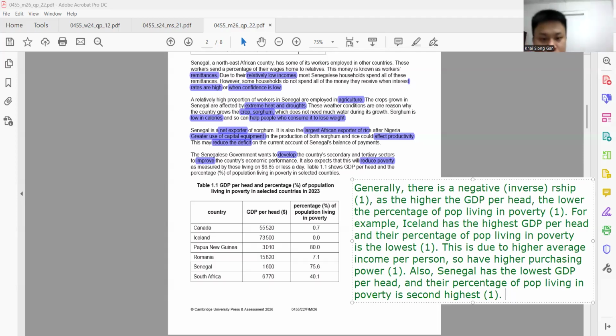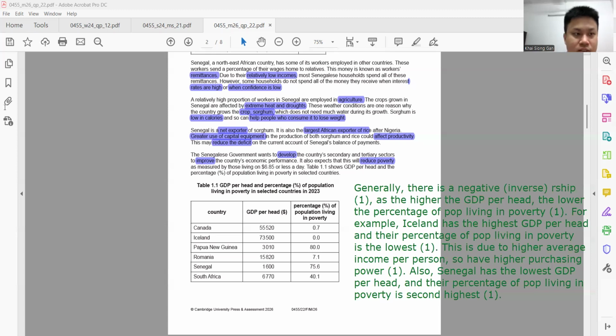Exception. Can you find the exception? Yes, Papua New Guinea is the exception. So you can talk about, however, I write another part here, because no enough space already. Good job.